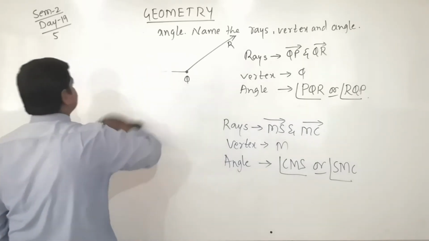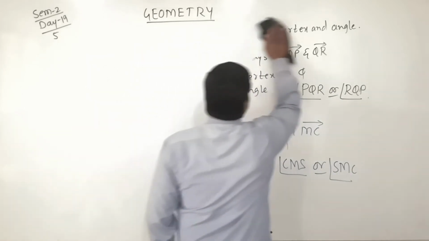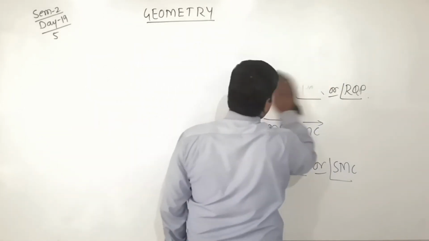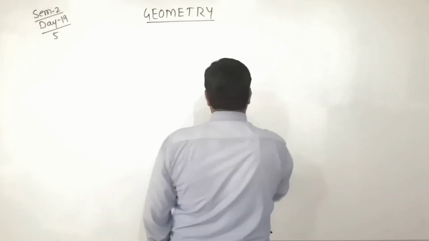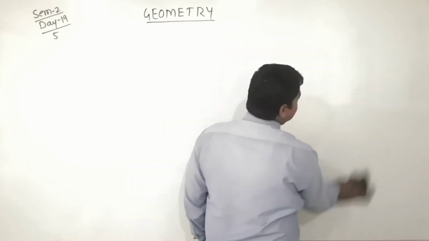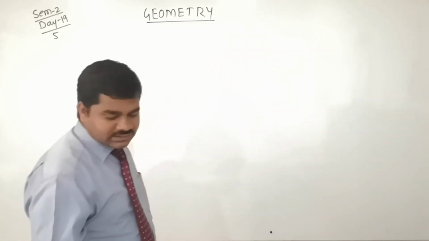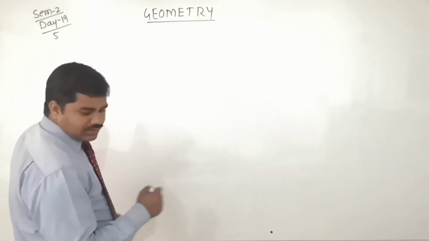Very simple this. The figures are given. You can give any alphabets as names, and write the vertex, rays, angle. For that one I will give as homework.